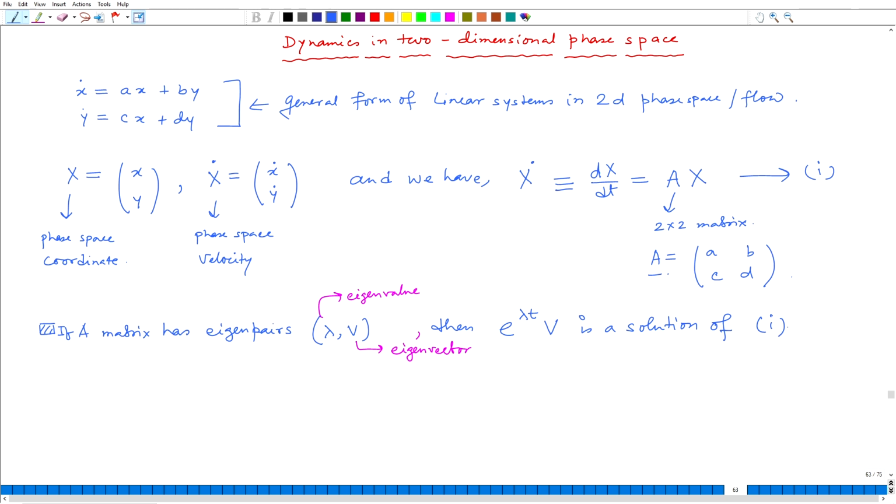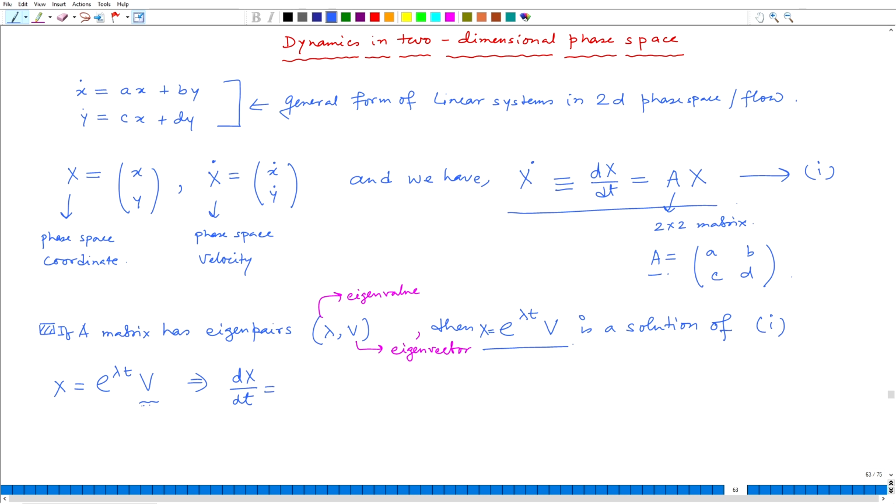How to show that? The proof is pretty simple. You can simply check whether x equal to this satisfies this equation or not. If x is equal to e to the power lambda t times v, then dx dt will be equal to, so you know that this is just the eigenvector, which does not contain any time.